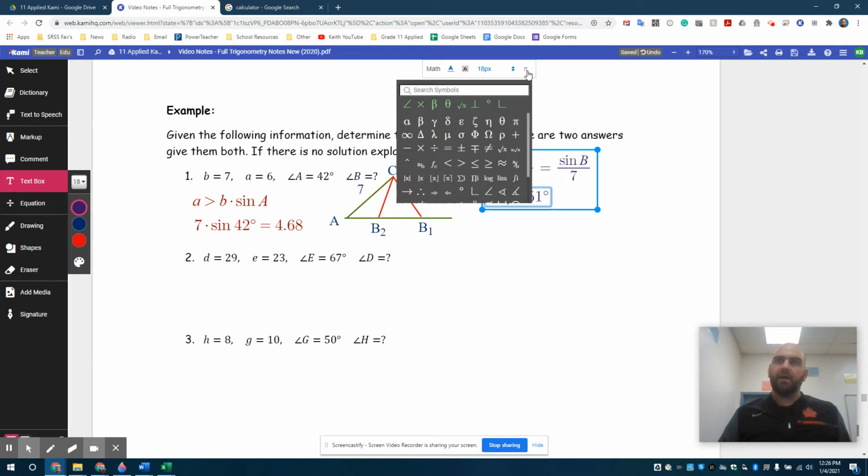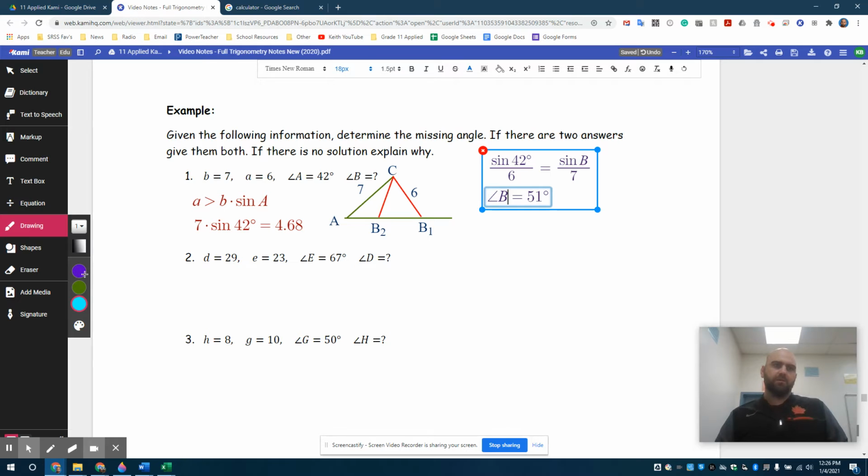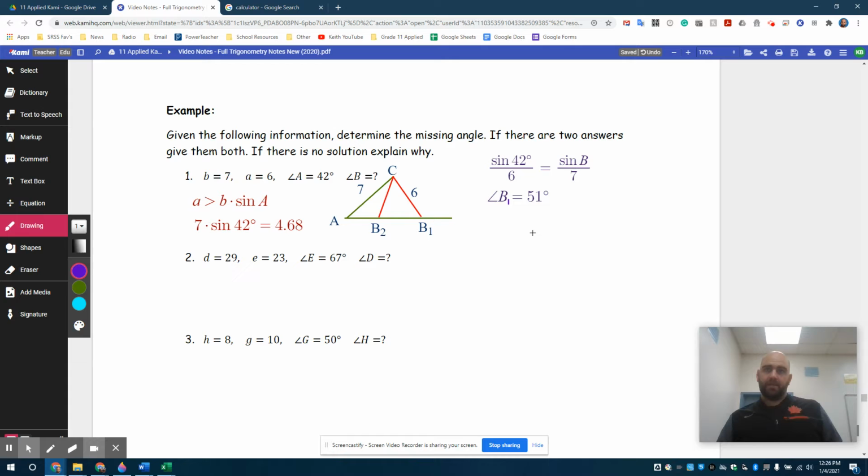Okay, so if we want to actually put it in here, let's make this really small for the time being. Okay, so this is B1. What I'll do is I'll put it in like this here. So B1 is like that. For B2, we just need to subtract it from 180. So this one here is 51.